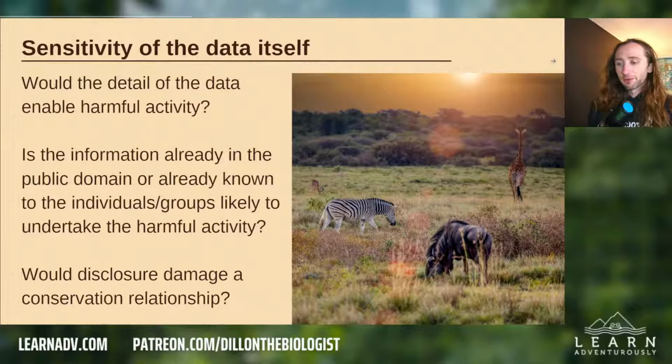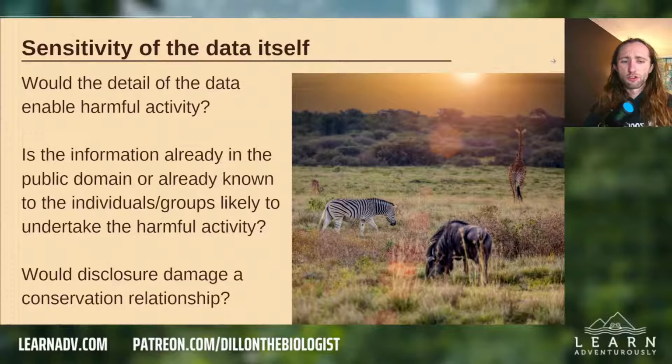So this is an example of, we know there's giraffes and zebras and stuff like that out in Kruger National Park. We don't have to guess that they're there. That's public knowledge. Maybe the precise location might not be perfect, but just keep that in mind that sometimes your data itself can lead to people figuring out where these species are found.